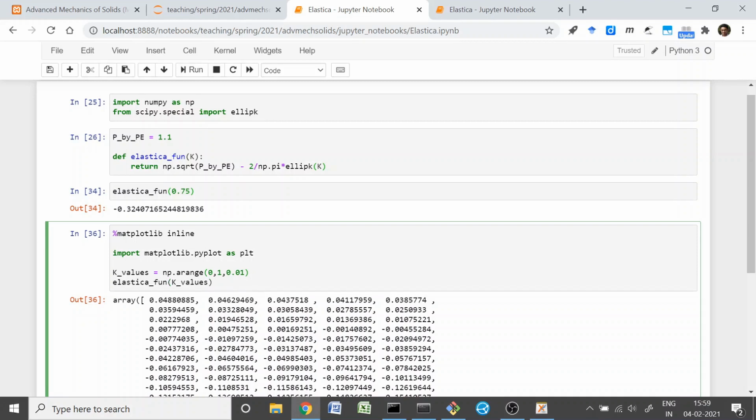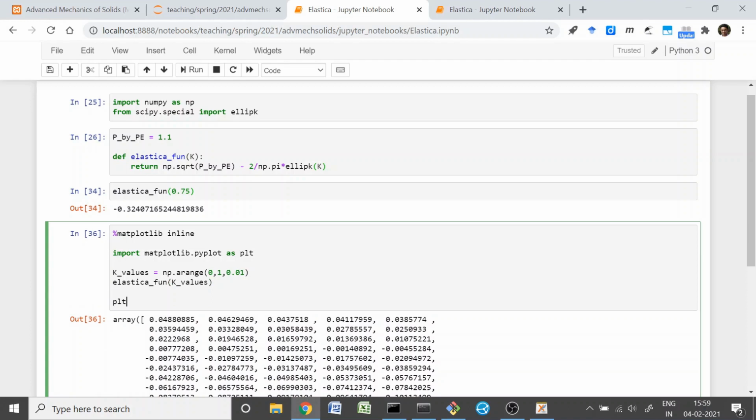But we actually have to store those values properly. I mean, we could do something like this. Let's try if this thing works.